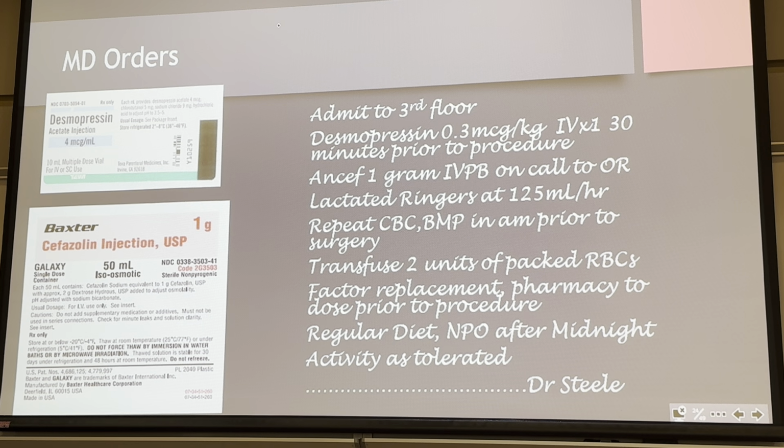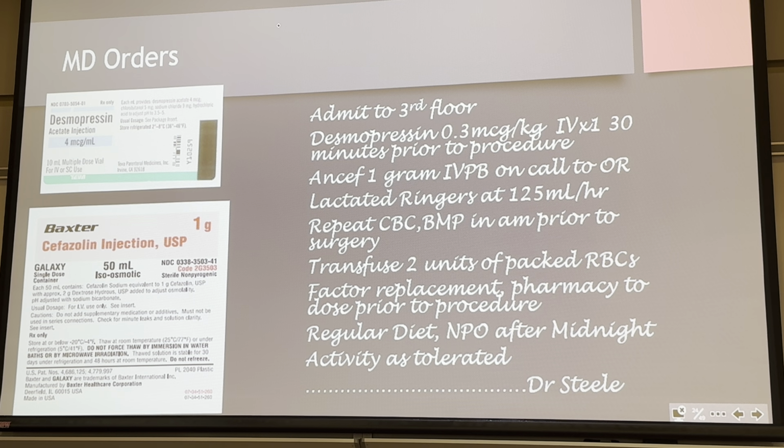All right, assuming that she is 60 kilograms in weight, calculate how many micrograms of the desmopressin we need to give. You would take the 0.3, multiply it times 60, and you're going to get 18. So we calculated the dose of desmopressin at 18 micrograms.